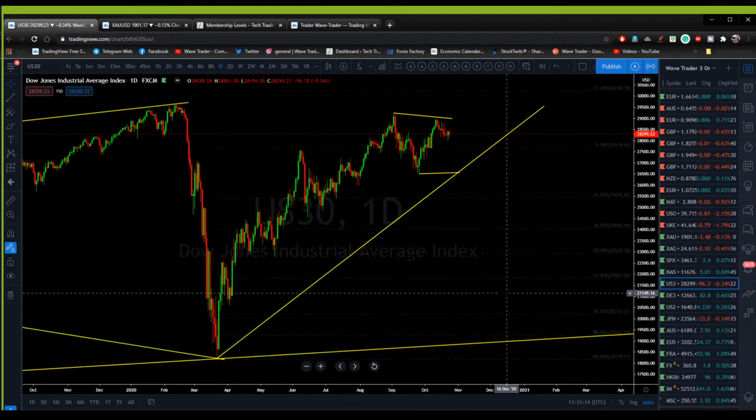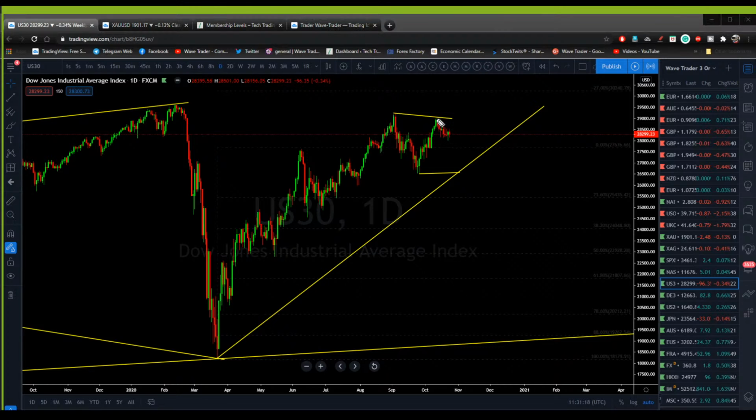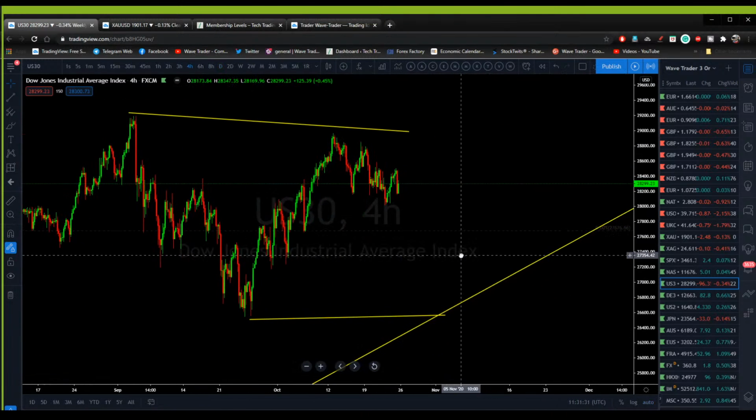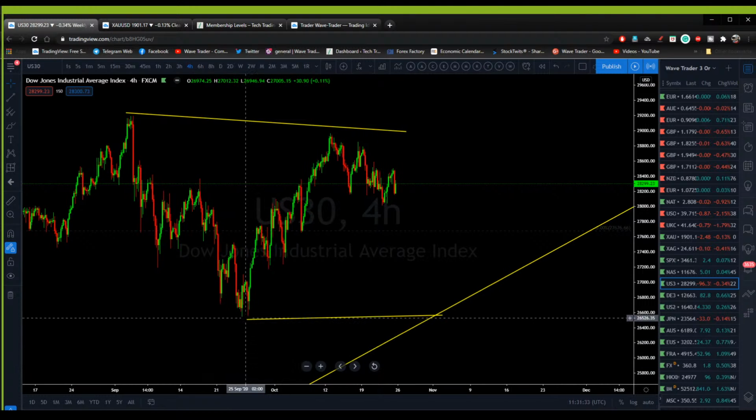Same on Nasdaq 100 and Dow. The same flag is there. So this formation will slowly drag lower, and then continue to go higher after the election. If I look at the 4-hour time frame, very much the same as the others.